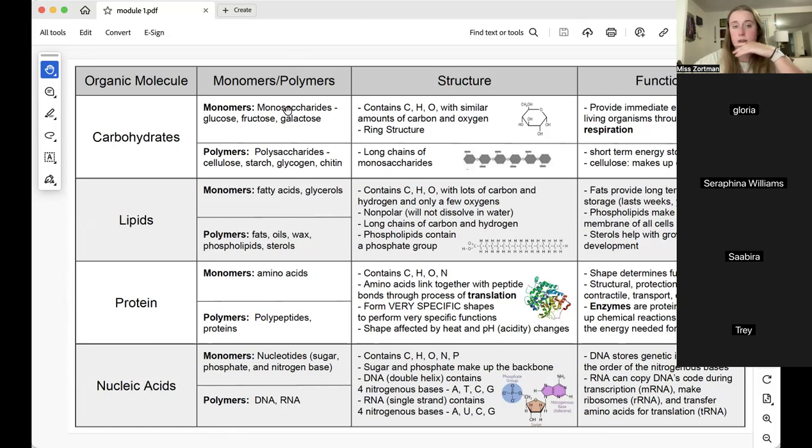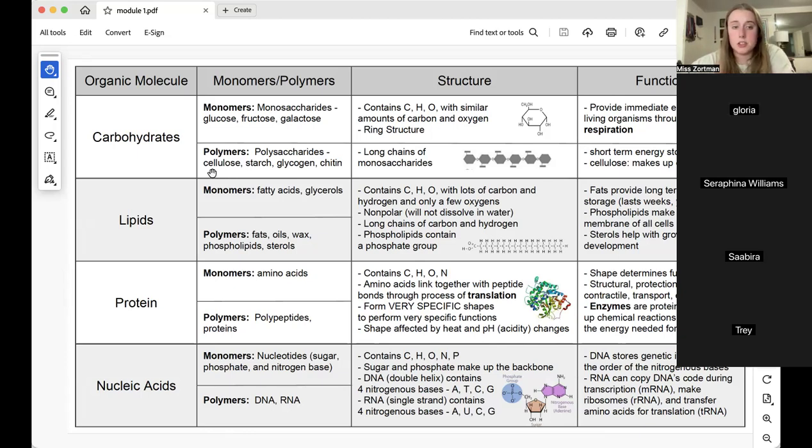The monomer for carbohydrates is monosaccharide, which means one sugar. Glucose was our big monosaccharide. We talked about it in photosynthesis and cellular respiration, and it's just the main sugar of life and supporting life. Our polymers could be multiple things.